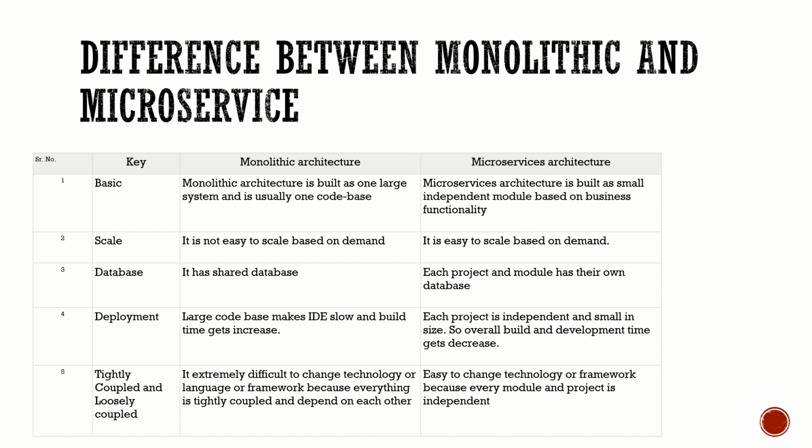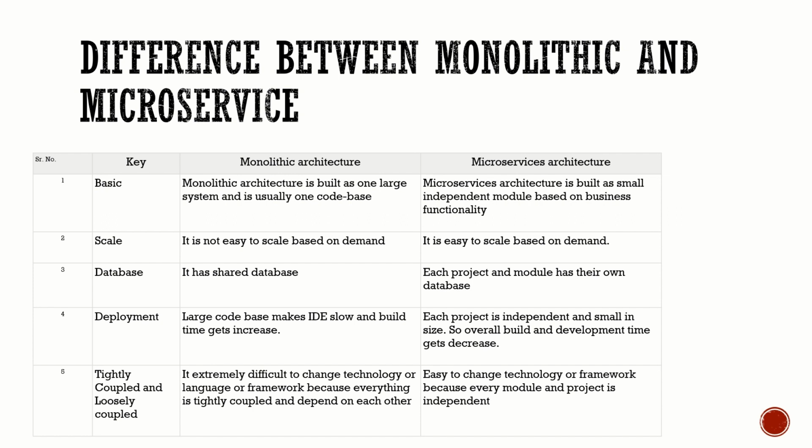Okay, so let's say we are going to develop a banking application which has multiple modules, but we develop the whole application in a single project. Then that architecture is called a monolithic architecture. There is only one single database which is used by this architecture. Okay, so this type of single-handed development of the project is called the monolithic approach.